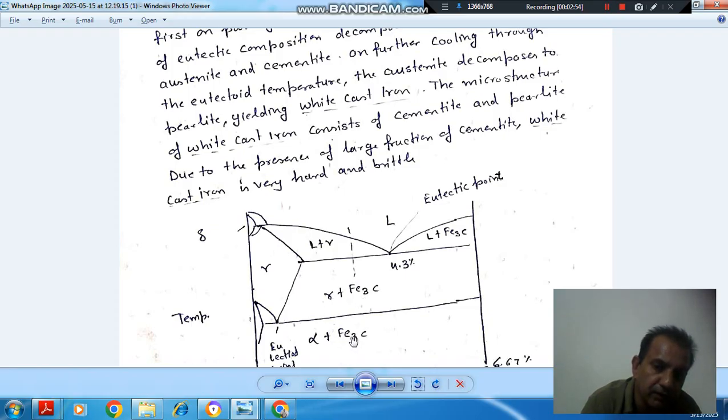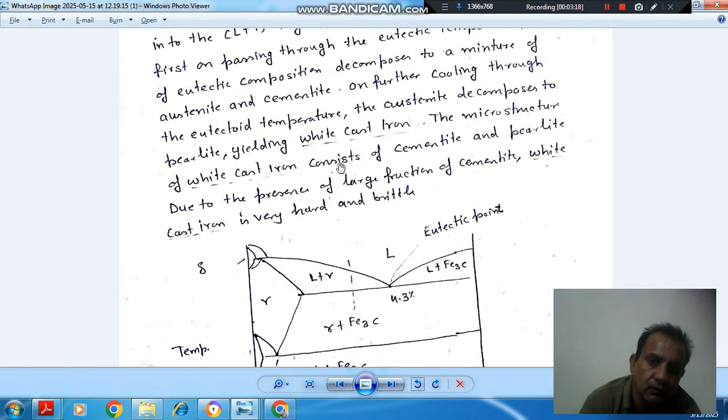So alpha plus Fe3C is called pearlite. Now we can say it is a mixture of pearlite and Fe3C, because alpha plus some Fe3C is your pearlite, and this Fe3C is already there. Austenite decomposes to pearlite, yielding white cast iron.